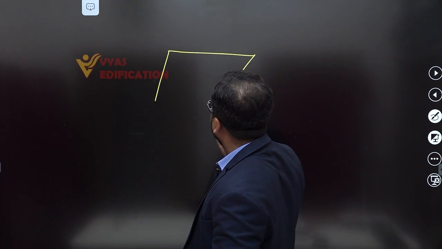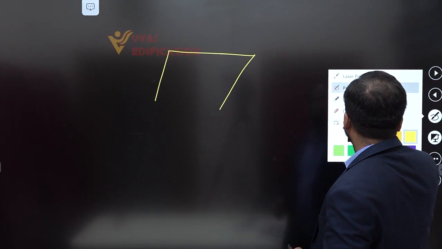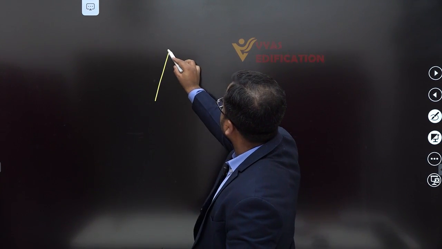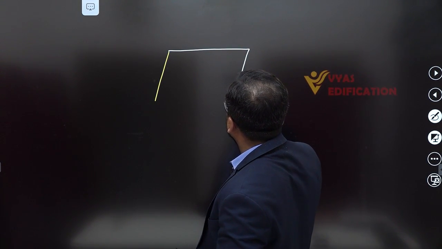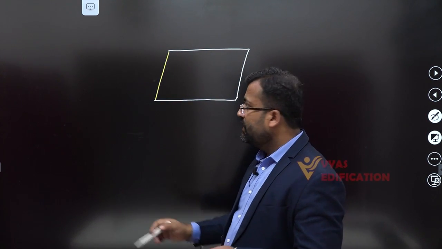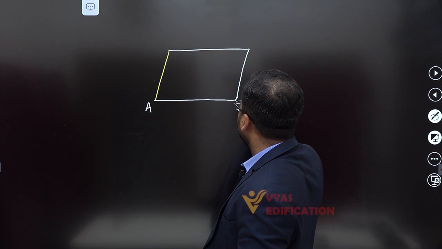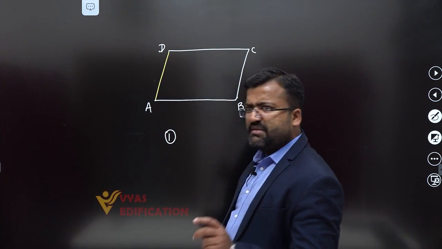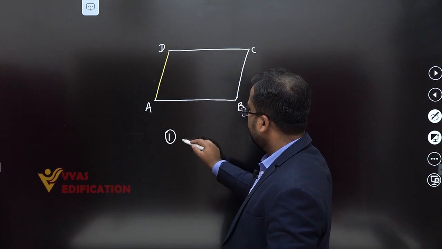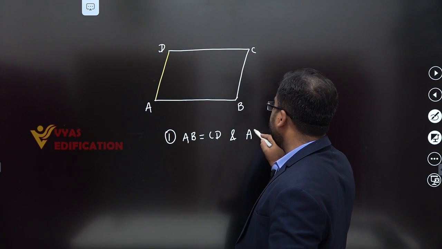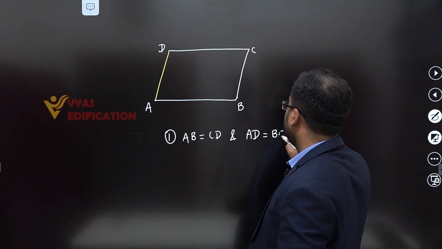If you have this kind of a parallelogram, let's call it A, B, C, D. One simple idea is that AB is equal to CD and AD is equal to BC.